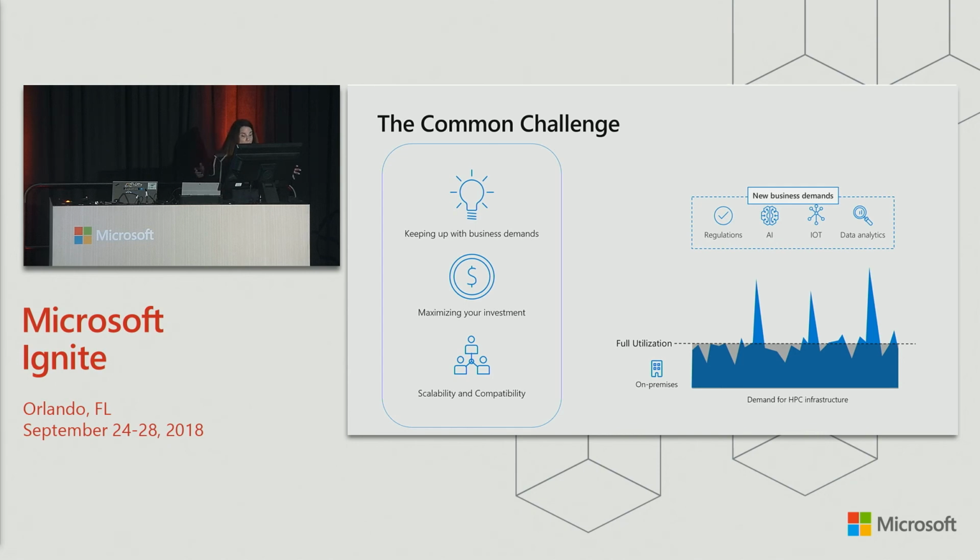But if I get a spike in demand, if someone needs a deadline pushed up, or I have two projects that overlap, then I'm out of compute capacity, and people are going to have to wait. That's a great opportunity to move some of those workloads to the cloud in a scenario we call cloud bursting. But once people do that, that's sort of the first step for the cloud for HPC applications.